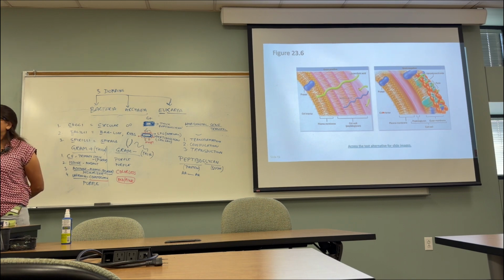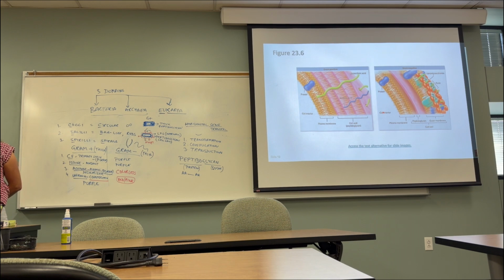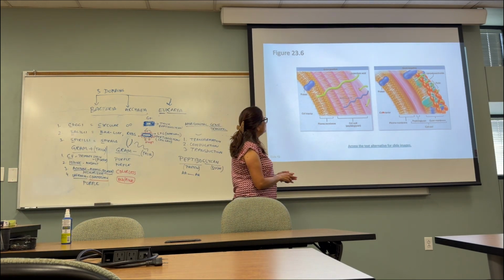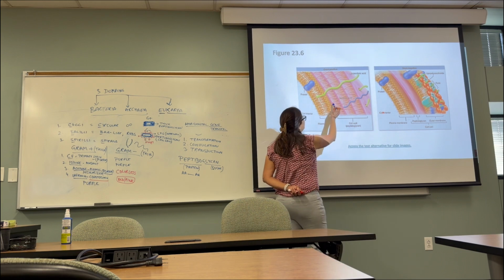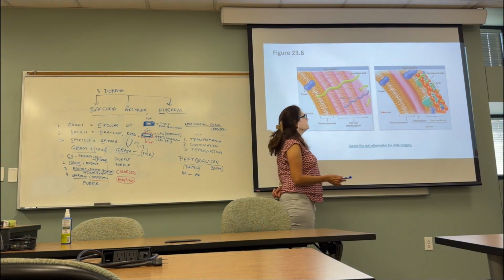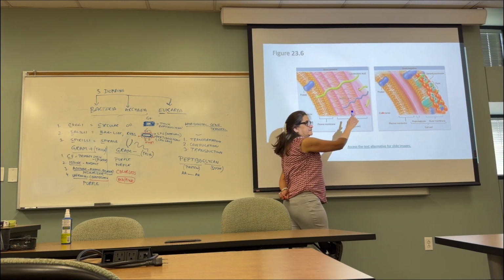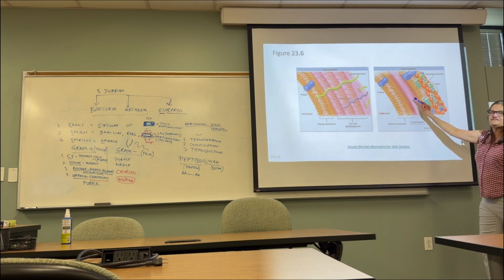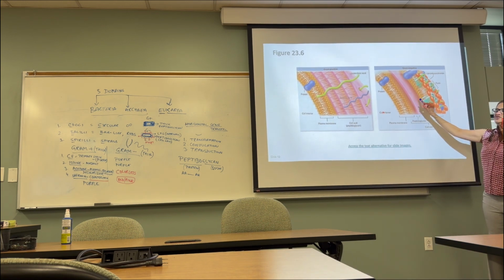Now this picture shows you the structure of the gram positive and gram negative cell wall. Okay, so here you can see the pink colored layer is the peptidoglycan layer. See how thick it is in the gram positive compared to this layer, which is so much thinner.